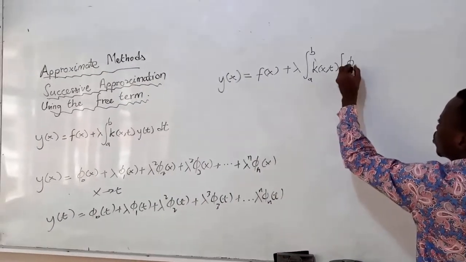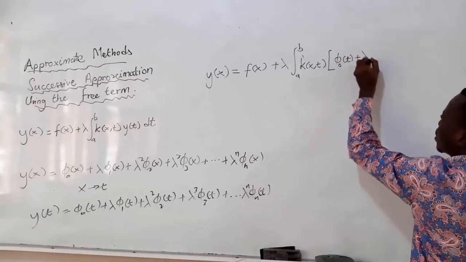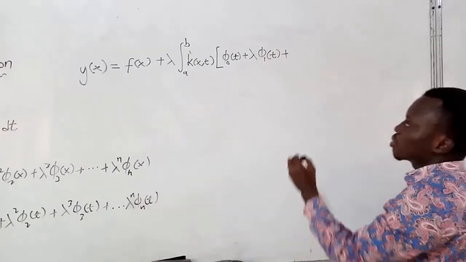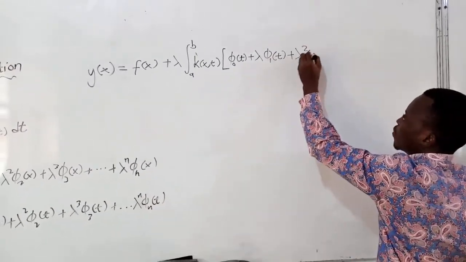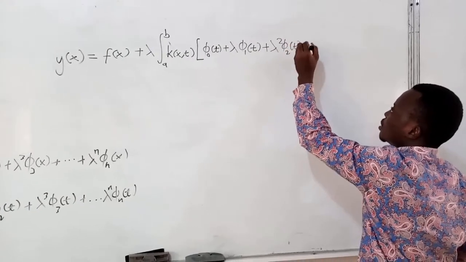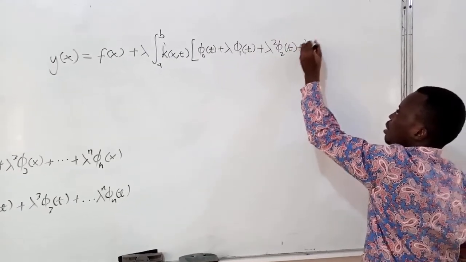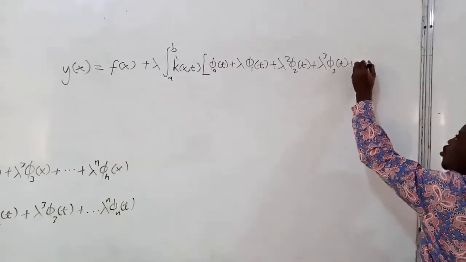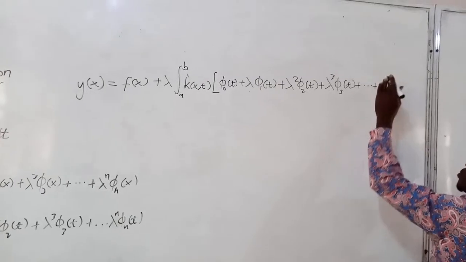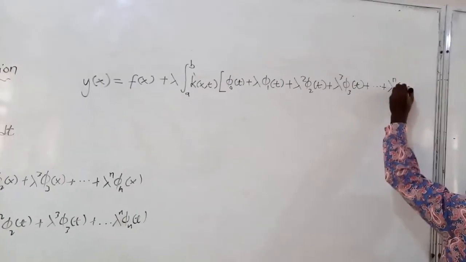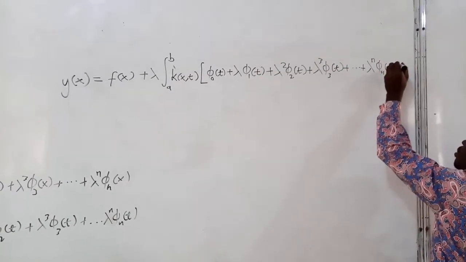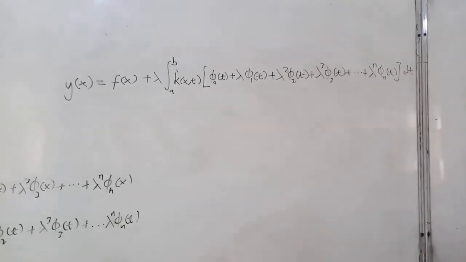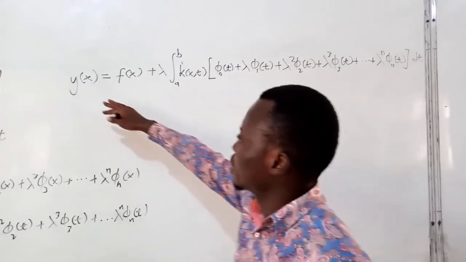Then I have phi naught of t plus lambda phi 1 of t plus lambda squared phi 2 of t plus lambda cubed phi 3 of t plus ... plus lambda to the n phi n of t. Now let's close the bracket, all in t. So this is the resulting equation we are going to have.